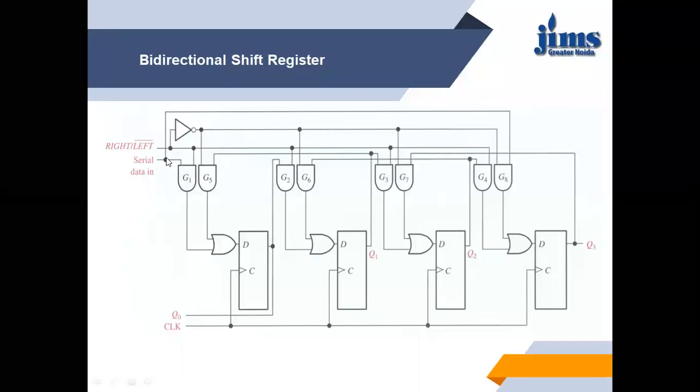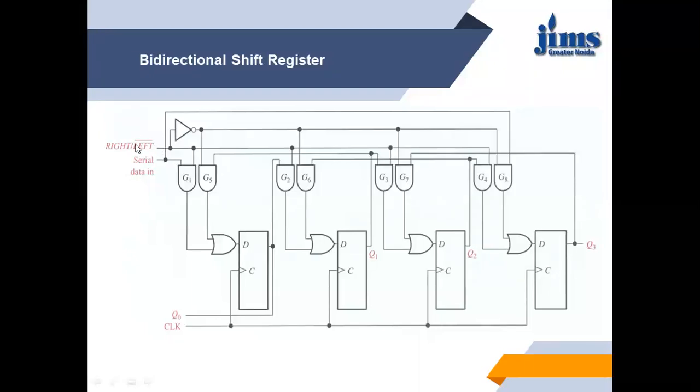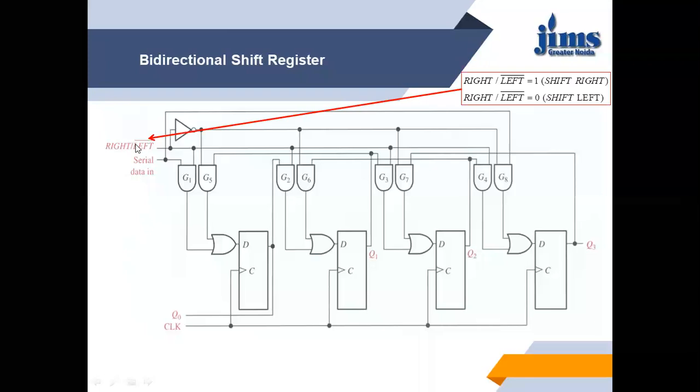So suppose right oblique left bar is 1. Suppose this pin is 1, then the output of the NOT gate will be 0. That means the output of G5, G6, G7 and G8 will be 0. So all will be 0.